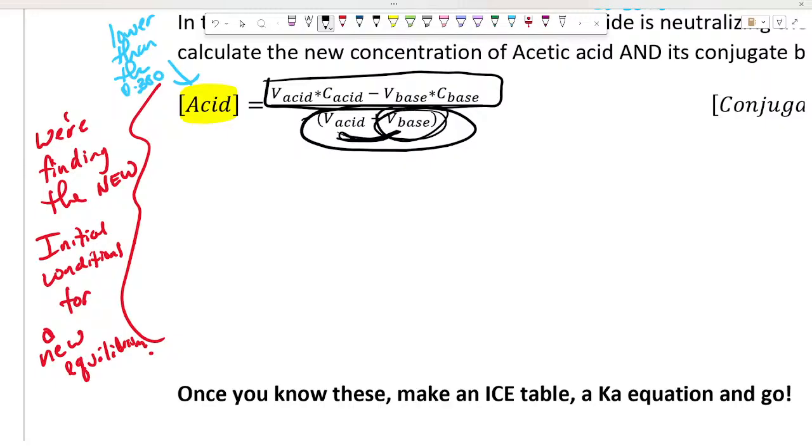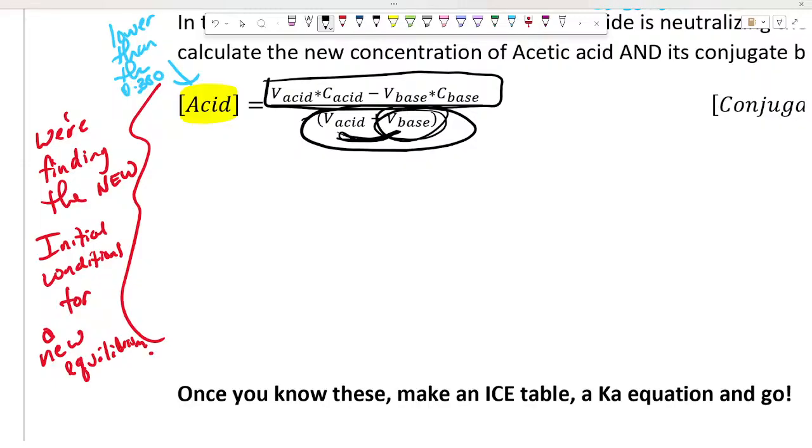So in addition to reacting some of it away, we're also adding volume, which means we are diluting it. Exactly right. So two things are happening at once, which is going to make this math really tricky.